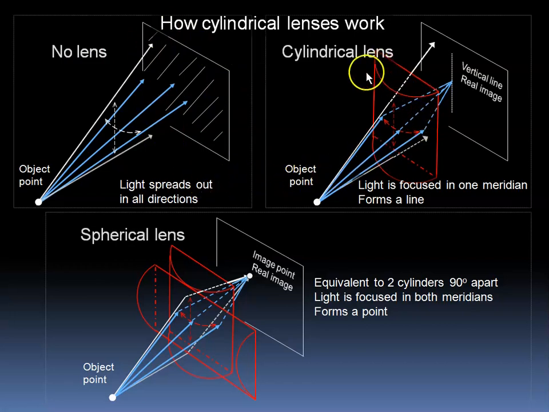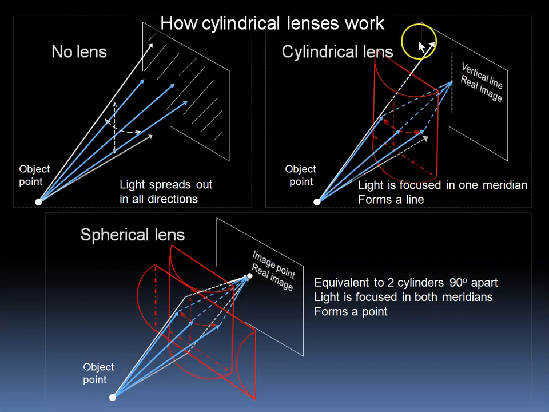Here we show a cylindrical lens, which has no curvature in the vertical axis, but has convex curvature in the horizontal. In this case, we show a converging lens in the horizontal, but no lens power in the vertical. In other words, light that spreads out in the horizontal plane will be brought back together to a point.